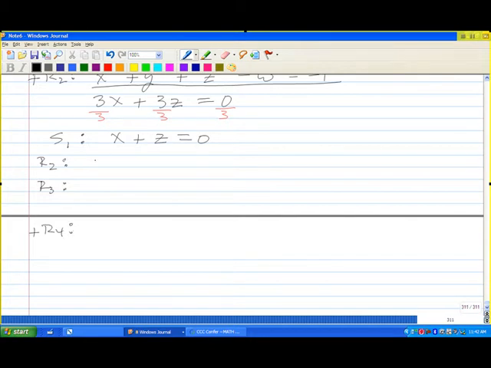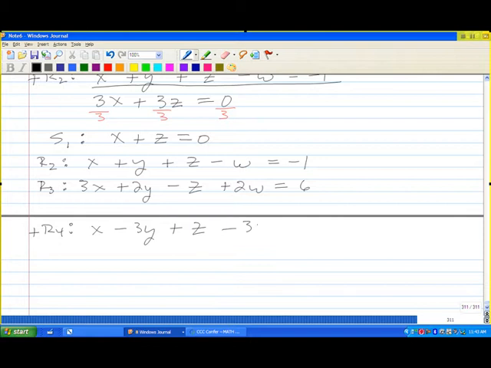Okay, so x plus y plus z minus w equals negative 1, 3x plus 2y minus z plus 2w equals 6, x minus 3y plus z minus 3w equals negative 3.